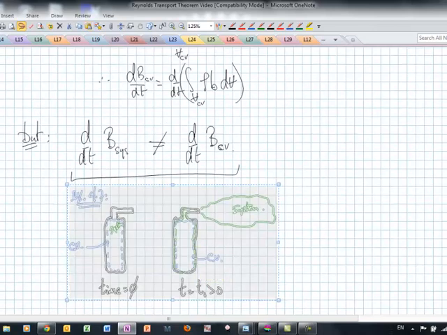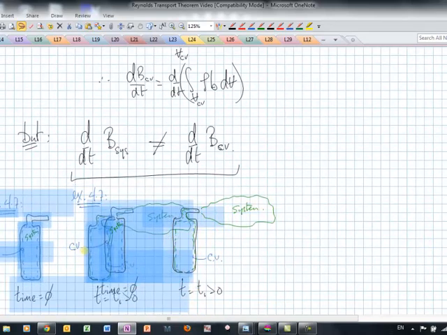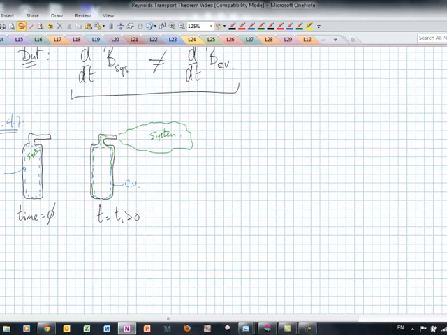So here we go. Example 4.7, and what we're looking at here is a fire extinguisher. The system in this fire extinguisher is the stuff inside the fire extinguisher at time equals 0, and I'm going to define a control volume that circles this whole system. So the system boundary and the control volume match at time equals 0.